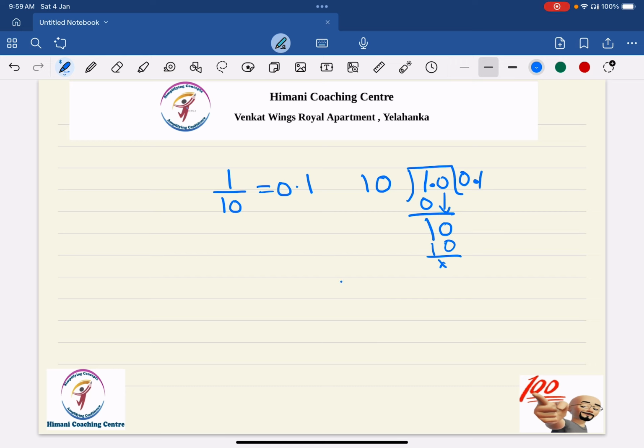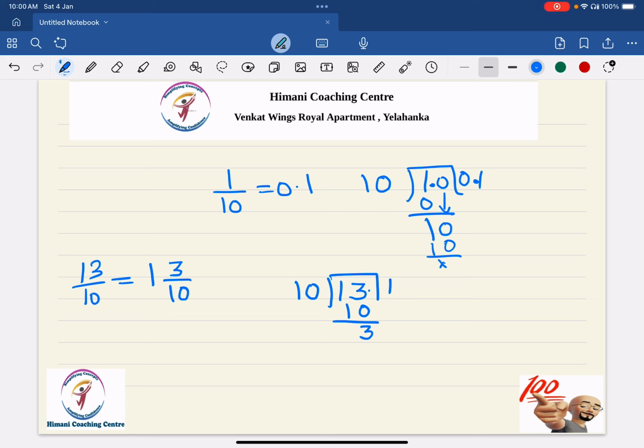Okay. Now let us do one more question. Let us say I want to divide 13 by 10. So 10 ones are 10, 3 remainder. If we want to write this as a fraction, 13 by 10 would be written as 1, which is the quotient, then 3, which is the remainder, by the divisor. So 1 3 by 10. But now we want to write it as a decimal. So what will we do?